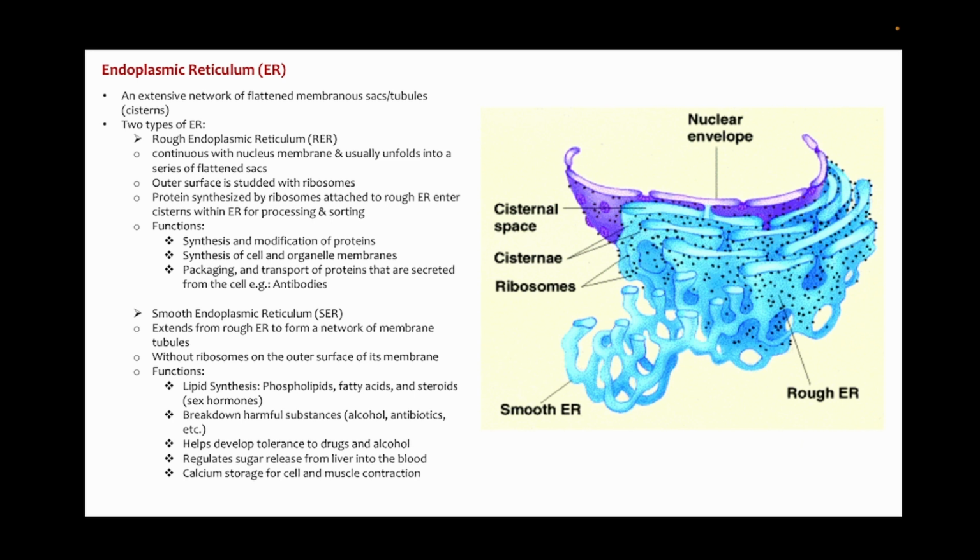So the main difference is that the smooth endoplasmic reticulum is more for lipid synthesis and to break down harmful substances. So the main difference is, for rough, it is mainly for proteins. For smooth, it is mainly for phospholipids and fatty acids.